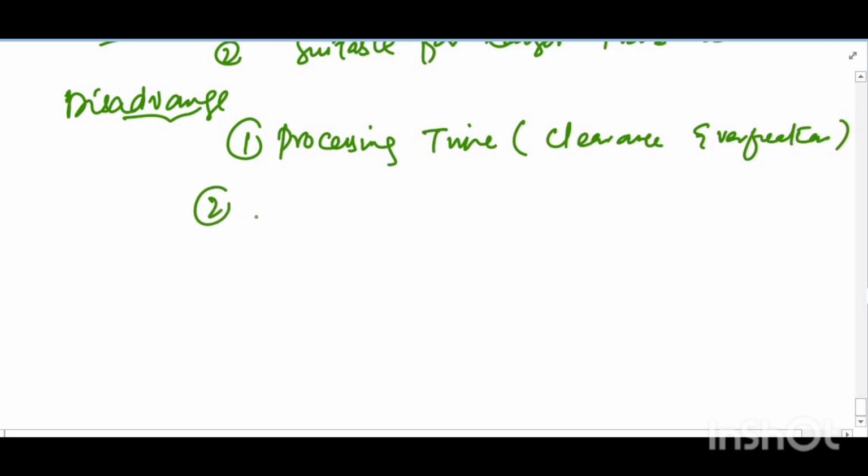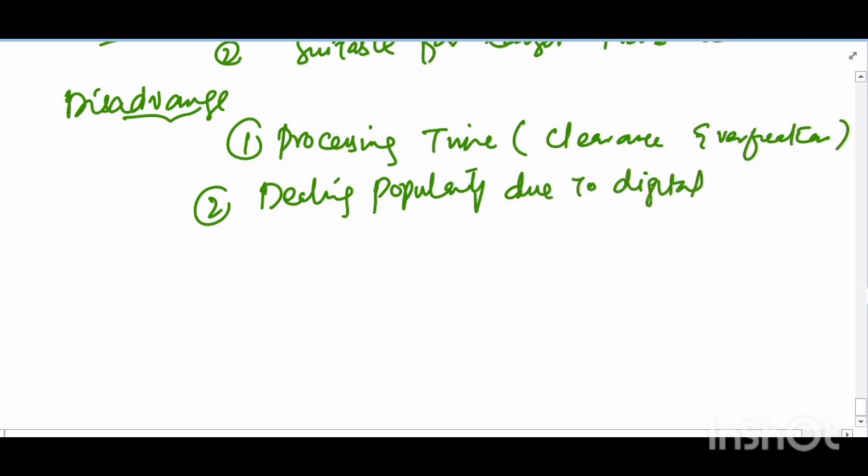The second thing is that the check has declined in popularity due to digital alternatives, like debit card and credit card.